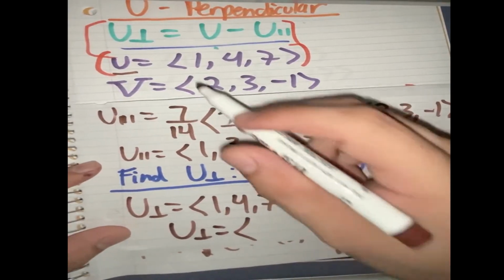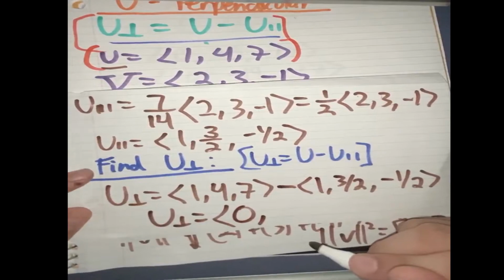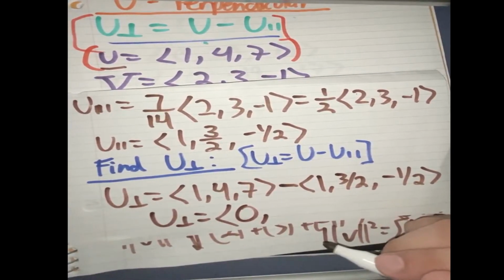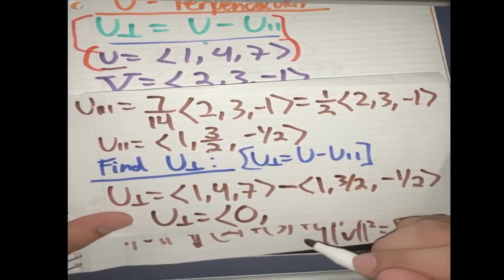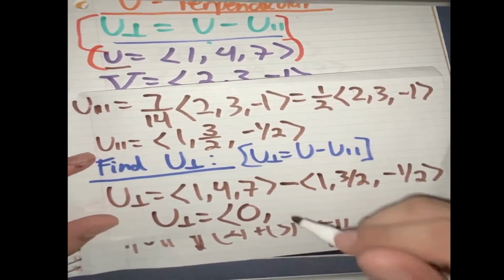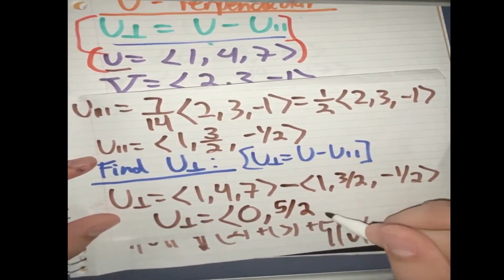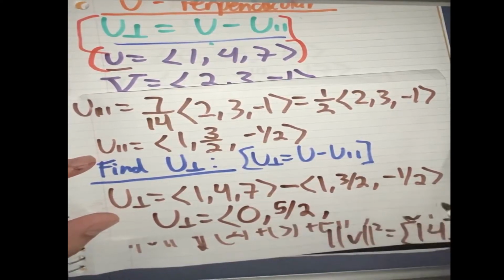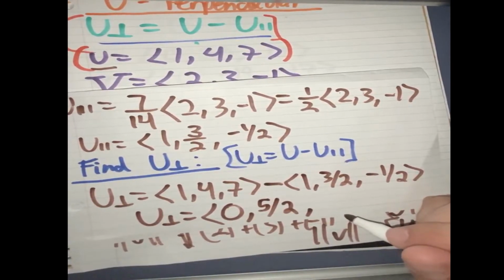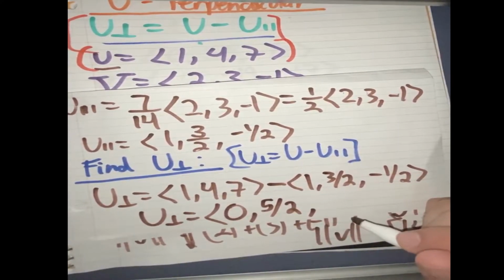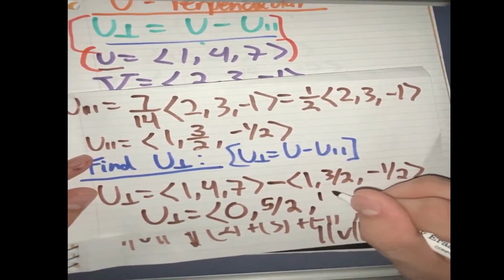We get 1 minus 1, we get 0. 4 minus 3/2 is 5 over 2. And then 7 minus negative 1/2, so 14 over 2 plus 1 over 2, we're adding, so this would be 15 over 2.